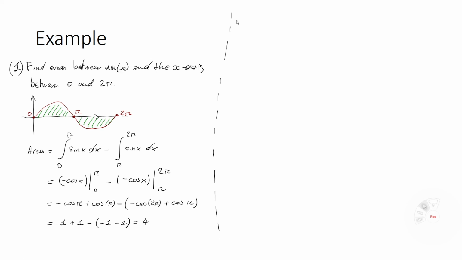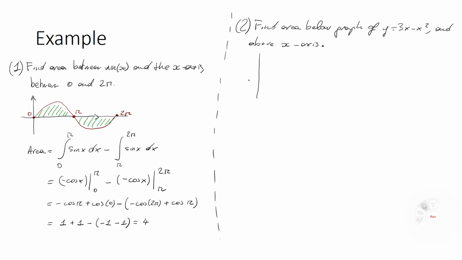Secondly, let's find the area below the graph of y equal to 3x minus x squared and above the x-axis. Here we're not given the explicit bounds for the integral, and we have to look at the graph to decide that.